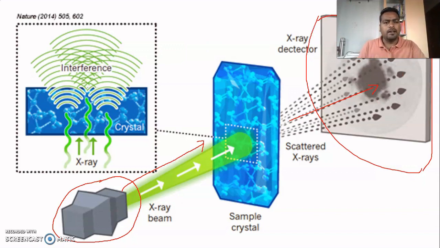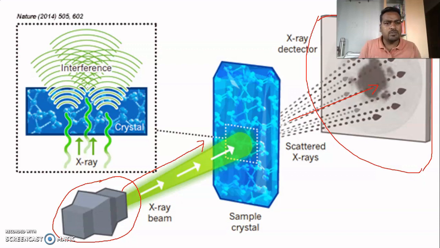And as I said, X-ray crystallography gives a diffracting angle, and there is a relationship between the diffracting angle and the interplanar distance. You know there are different planes in the crystal, and each plane is separated from the next by some equal distance.